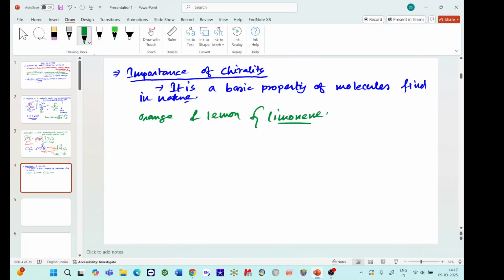This is the compound. But limonene has two isomers. One is this one, and one is the other. Okay, so this is plus, this is minus. I will tell you about this notation later. What is the difference here?